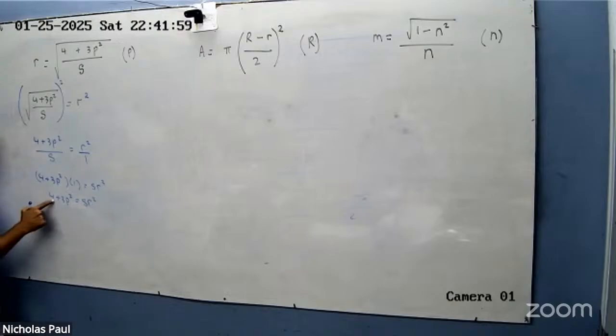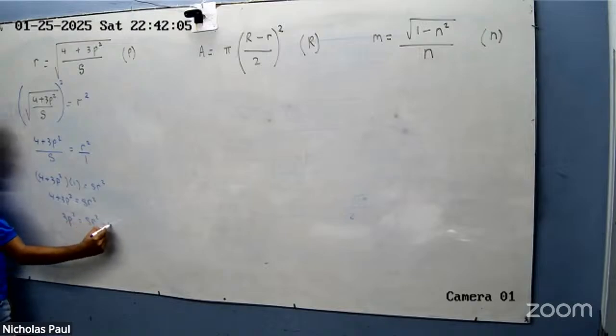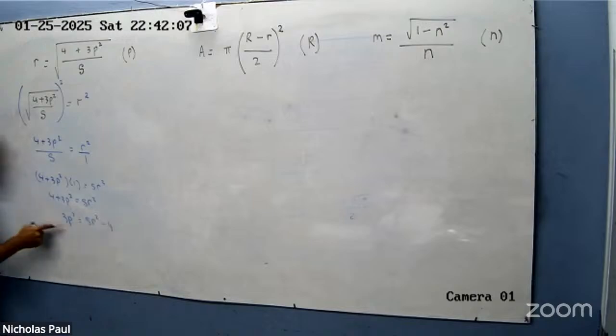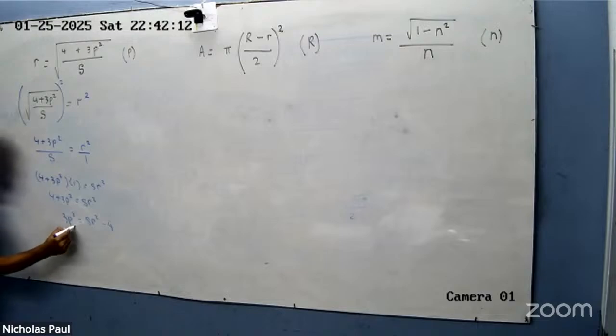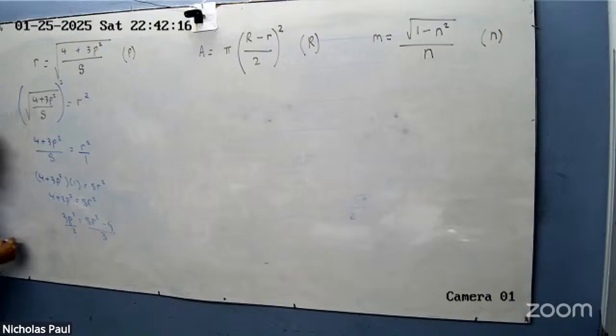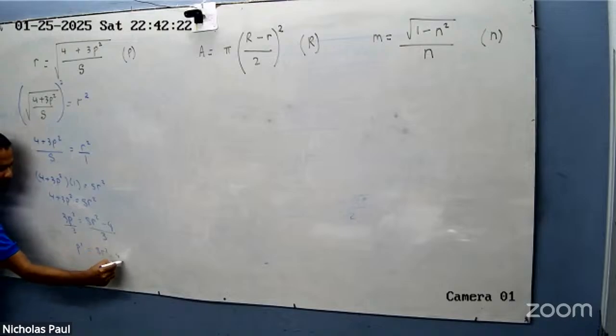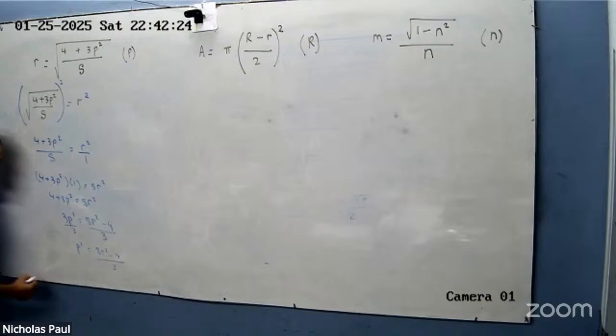Move across the plus 4 and you will get s r squared minus 4. What do you want to move next? Divide both sides by 3. So now you have p squared is equal to s r squared minus 4, all over 3.